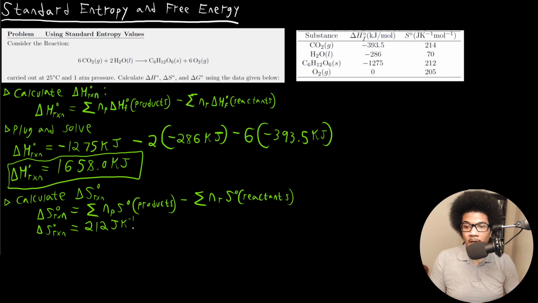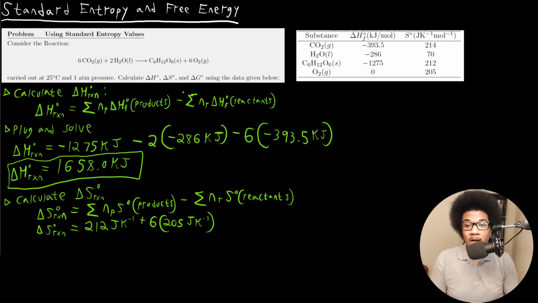And for O2, even though it has no enthalpy of formation, it does, of course, have an absolute entropy because it's not a perfect crystal. So it will not have a zero absolute entropy. Its absolute entropy is 205. So that means we're going to have plus 6 times 205 joules per Kelvin.